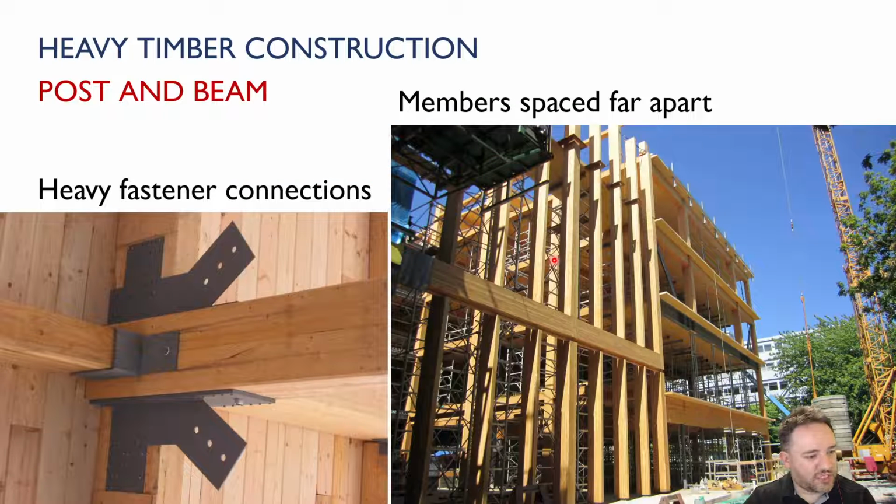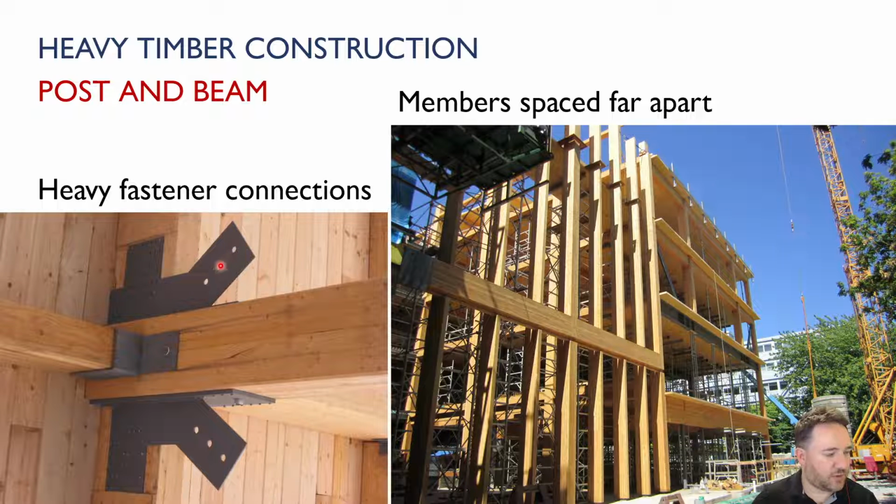So if we want to do this in a modern sense, we can do post and beam construction like this. And we still have heavy timber, but the connections are quite a bit different than they used to be. So now we can use steel plates, nicely designed steel plates with either bolts or nails or timber rivets, which are what are here.